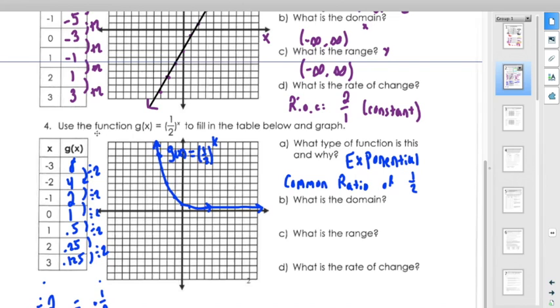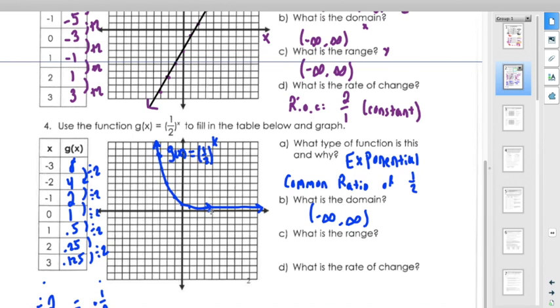What is the domain? Well, again, these arrows tell me a lot. Domain is my x values. These arrows tell me it's going all the way forever in the x to the left and all the way to the right. So, again, my domain is going from -infinity to positive infinity. The range, it's a little bit different. Look here.